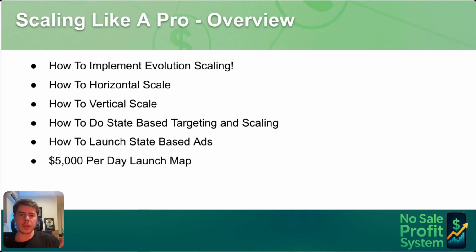Okay, so doing the evolution method, testing specific offers, testing state-based offers, testing other offers and other verticals. And this is going to be a roadmap for you guys to follow in order to scale up, not only scale up but also test and then scale up and hit those big days. So this is going to be the exact sort of workflow that me and Antonio do on a consistent basis from start to finish, and exactly like a step-by-step launch map for you guys to follow. Okay.